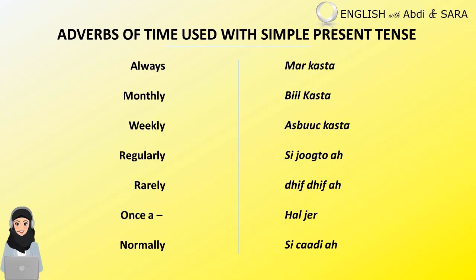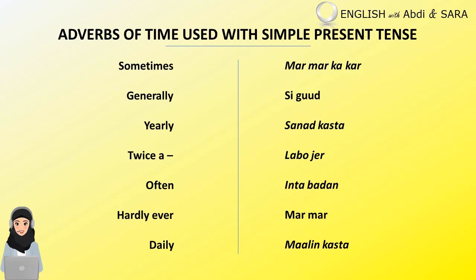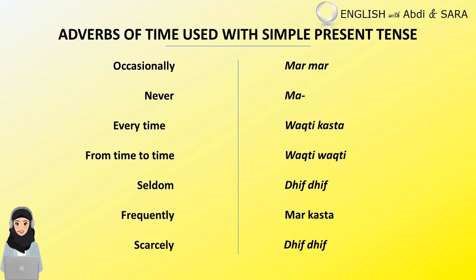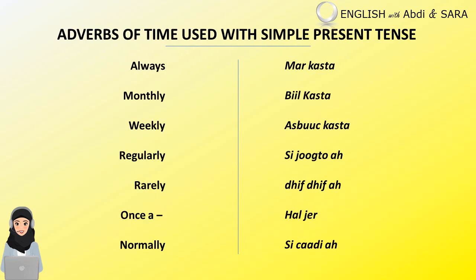I will read out the English part and the Somali equivalent. I must say that I am not sure this Somali is correct, but if it is wrong, please leave the correct spelling in the comment section below so that the next person reading may read and learn. Thank you in advance. The first one is always.